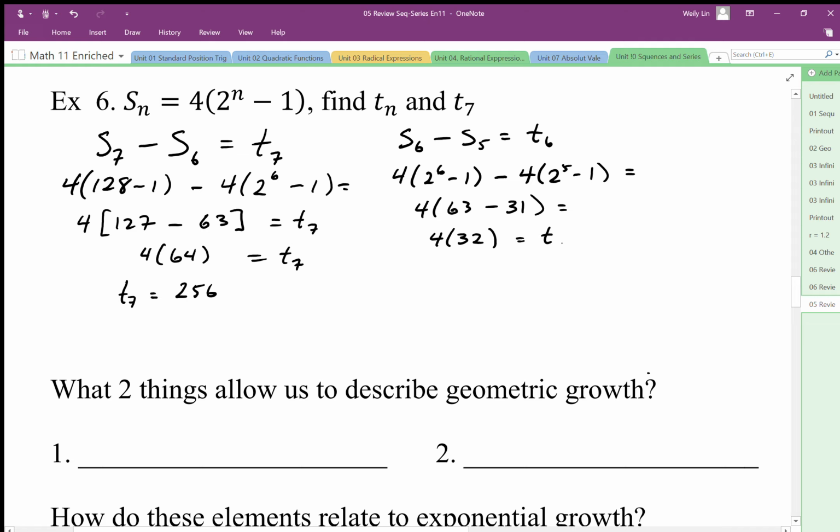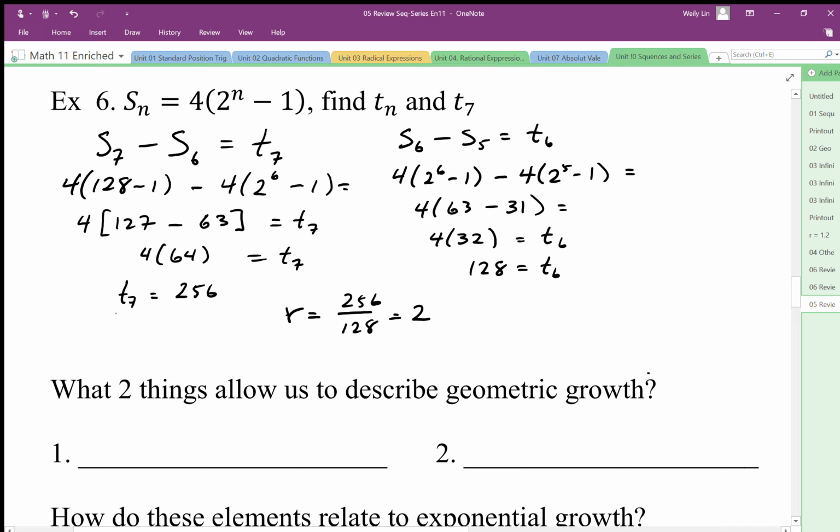So T6 is equal to 128. If T7 is equal to 256 and T6 is equal to 128, the R value is determined by dividing consecutive T values. So R is equal to 2.